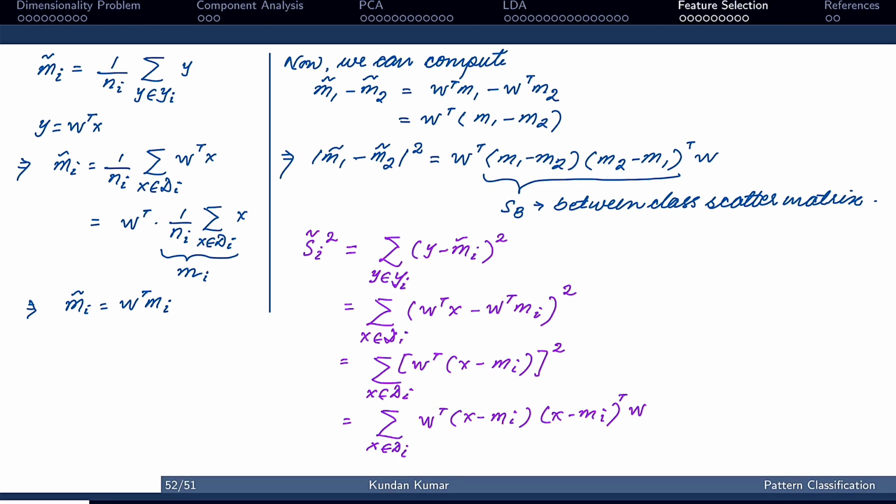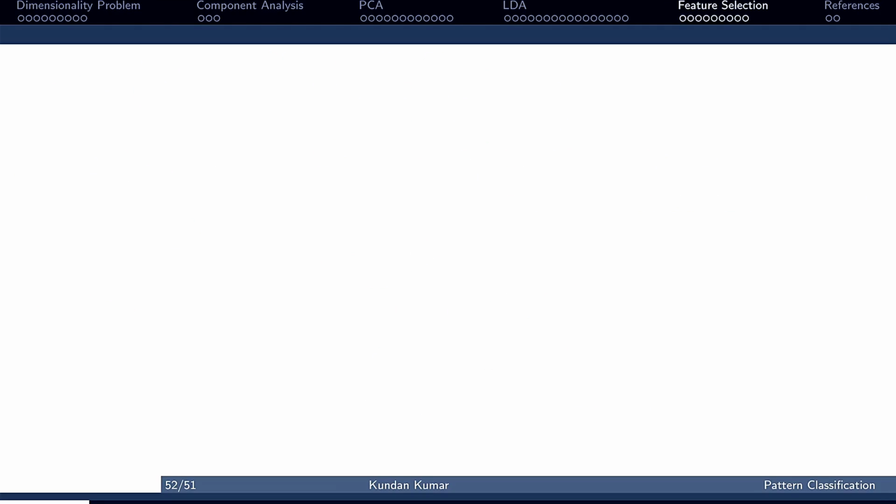Okay. So now what we obtained, Si tilde square equal to W transpose (X minus Mi)(X minus Mi) transpose W, where X is the samples from set Di.